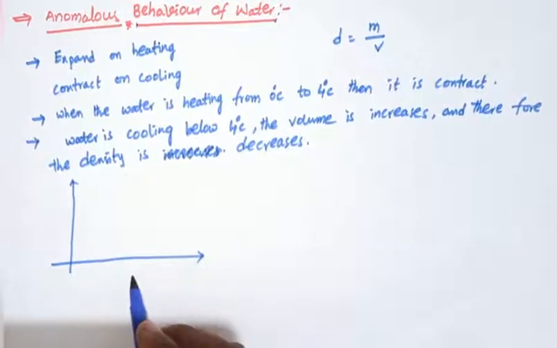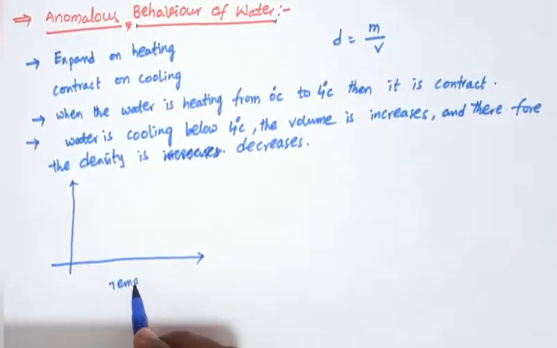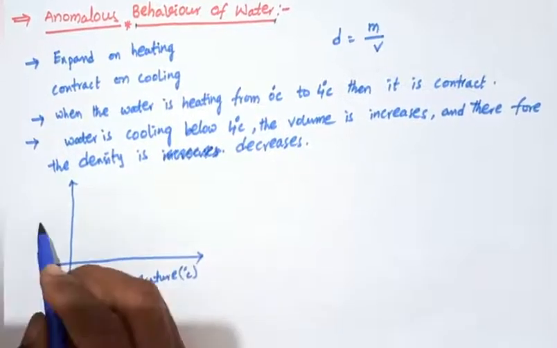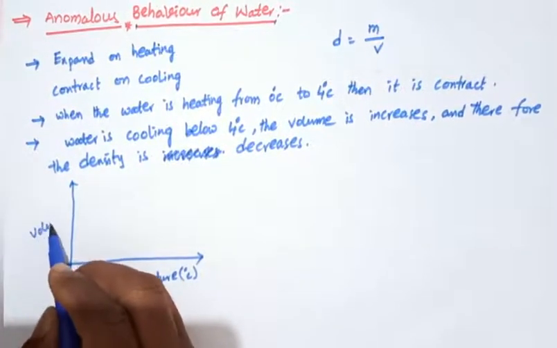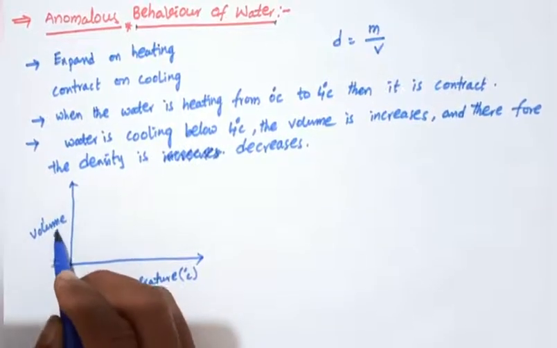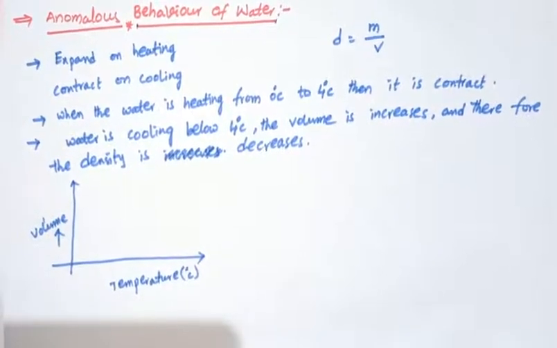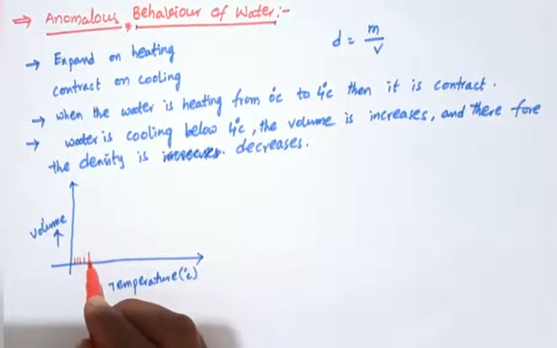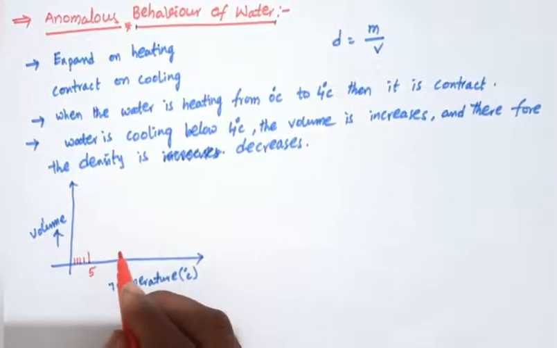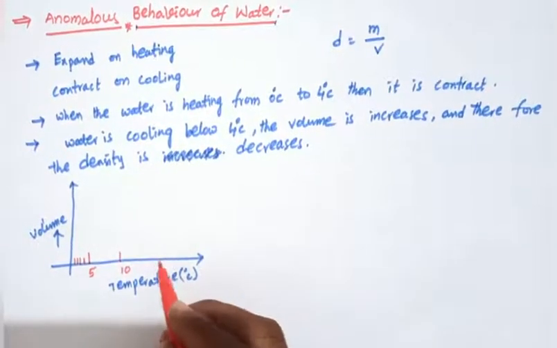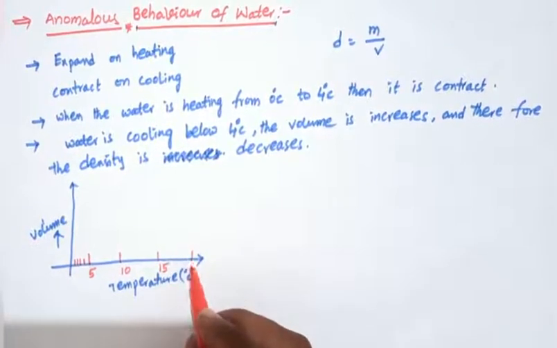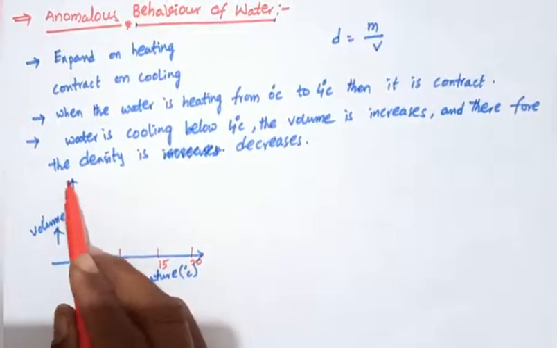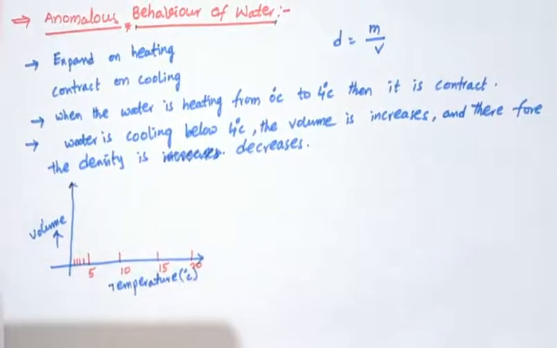a graph. Temperature on the x-axis and volume on the y-axis. The temperature values are 5, 10, 15, 20 like this. Volume times 10 to the power minus 3 we have taken for 1 kilogram.